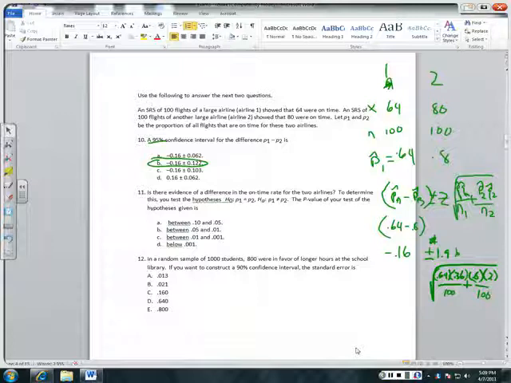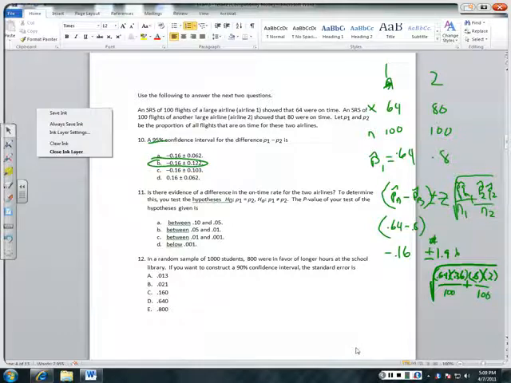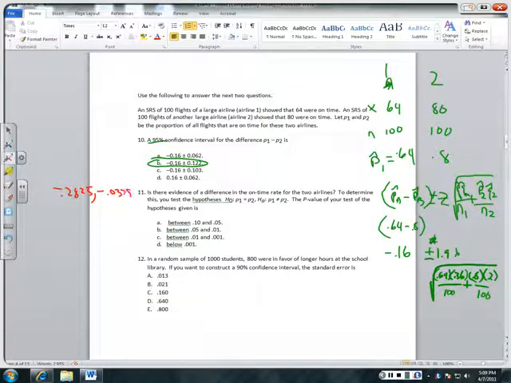The other way you could have gotten that is to do stat, tests, 2 proportion z interval, and just put the 64, 100, 80, 100, 95 in and calculate, and you get minus 0.2825 and minus 0.0375. Remember over here we got the minus 0.16, so we're going to take that top thing and subtract a minus 0.16.